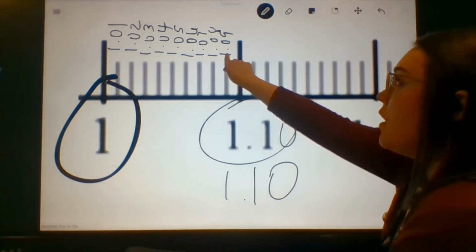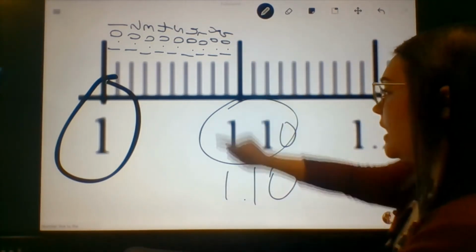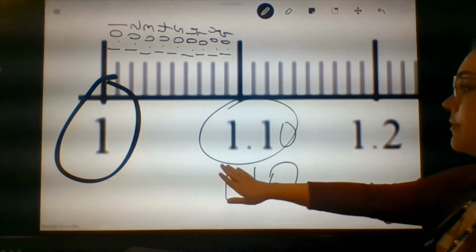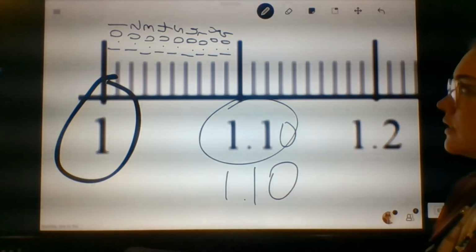So I went from 1.09 to 1.10. So 1/10 is the same as 10/100.